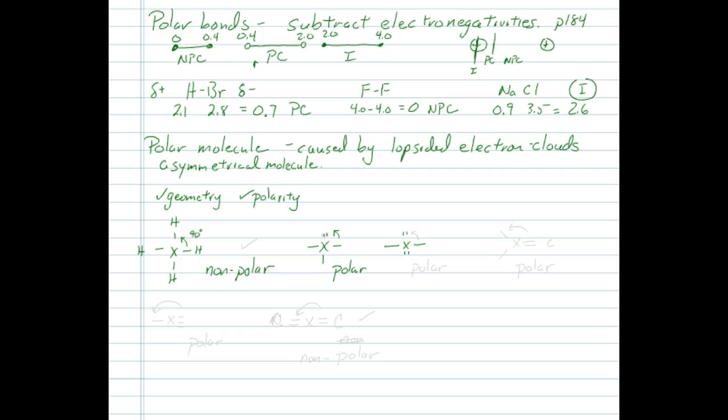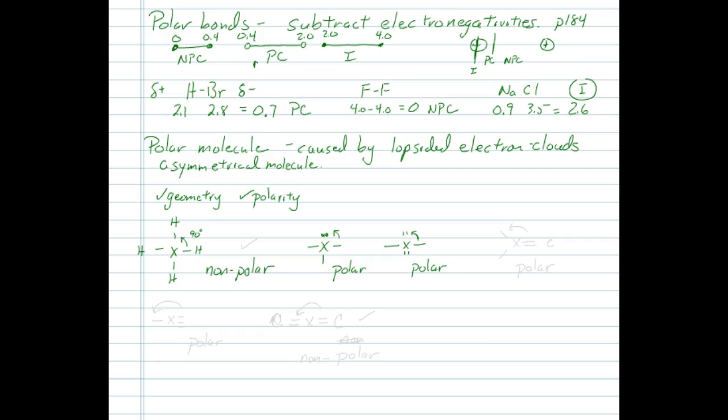It's still 90 degrees because you're attached to four things. So if you do that, it's going to be polar also. General statement, true 99% of the time: if you have a lone pair on the central atom, it will be a polar molecule.